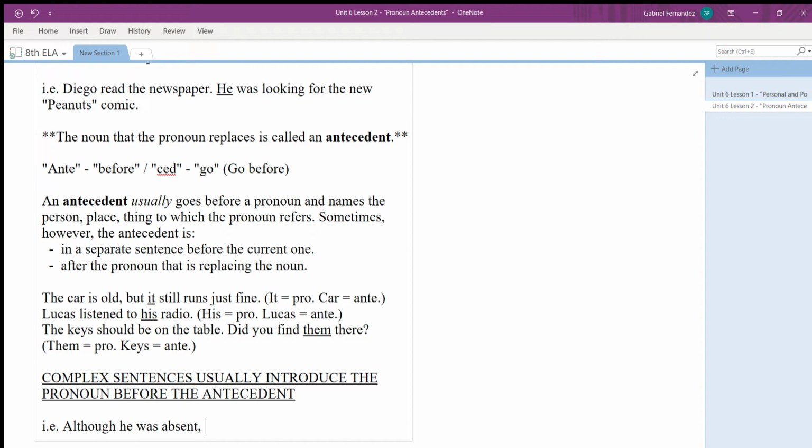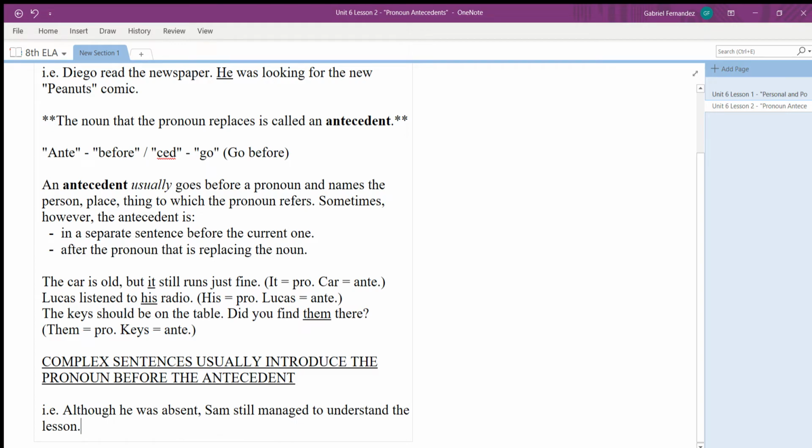I can't think of names. Wow. Sam still managed to understand the lesson. Hopefully all of you guys will be a Sam with this lesson. He is the pronoun.